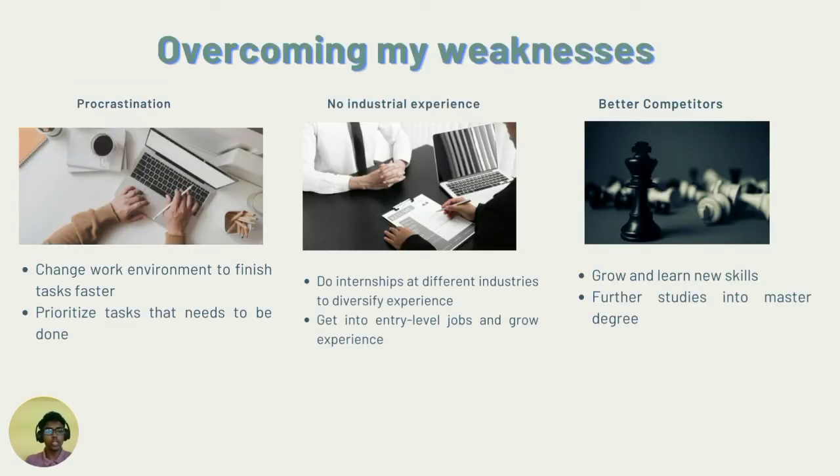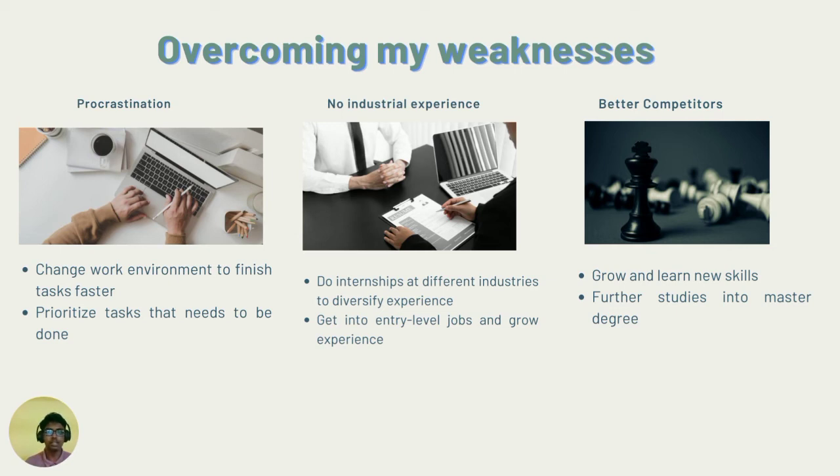So now that we have already looked into the SWOT analysis, let's look at how we can overcome my weaknesses or lessen the threats. The first one is procrastination. Since I always procrastinate on my work, due to feeling demotivated to do any task until the deadline nears, I could change the work environment I am in.